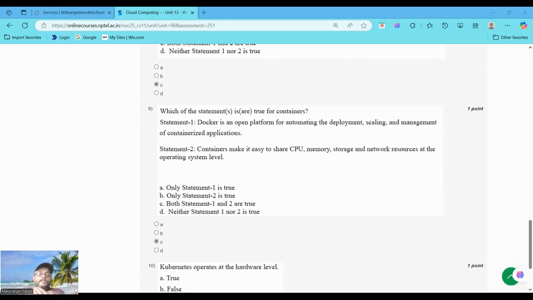The conclusion is true. Second statement analysis: containers do share operating system resources, unlike virtual machines, which virtualize the hardware. They leverage kernel features, cgroups and namespaces, to isolate processes while sharing the host. So the conclusion is also true. Both statements are true.